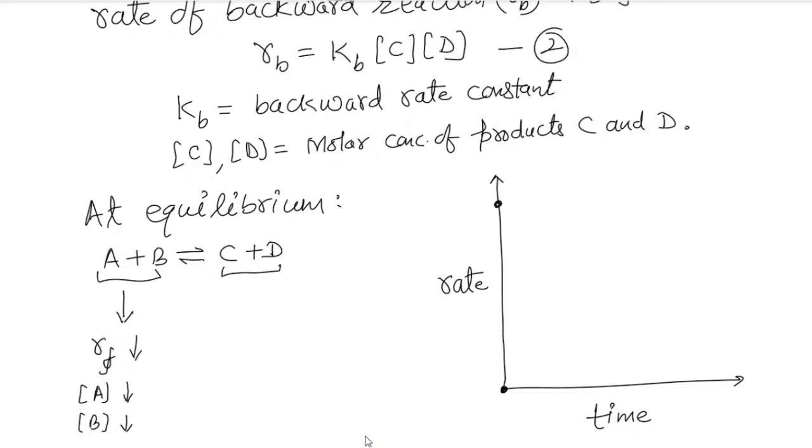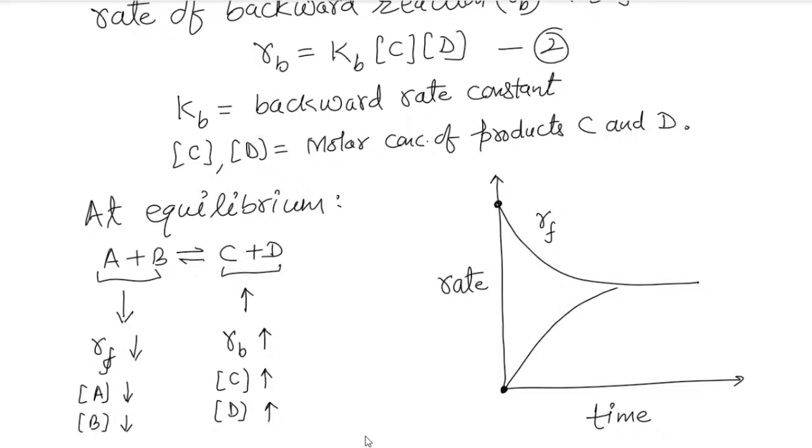The concentration of product increases, so the rate of backward reaction increases as the concentrations of C and D increase.